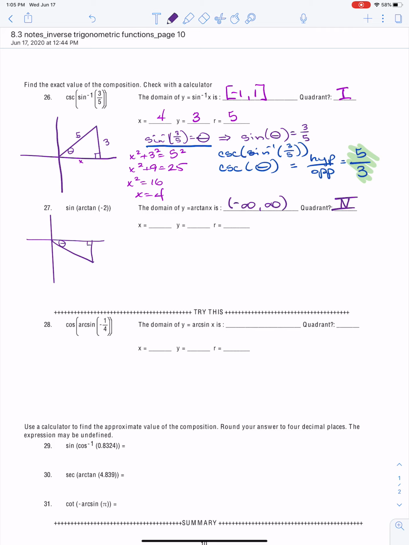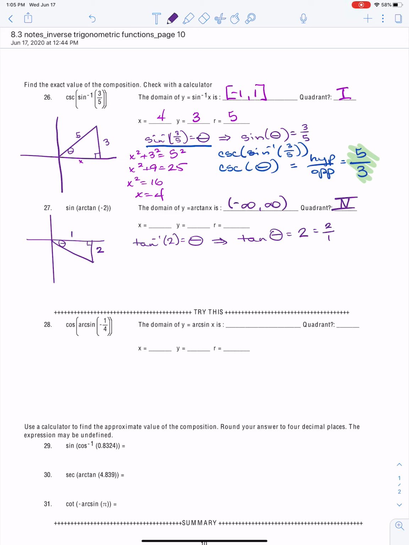So I've got inverse tangent of -2 equals some theta. That means that the tangent of theta is -2, which we could write as 2 over 1 because we're talking about ratios here. Tangent is opposite over adjacent. So from theta, our opposite side is 2, our adjacent side is 1.